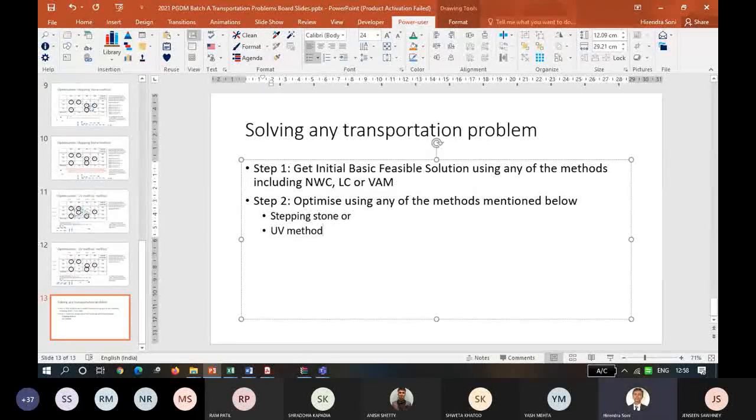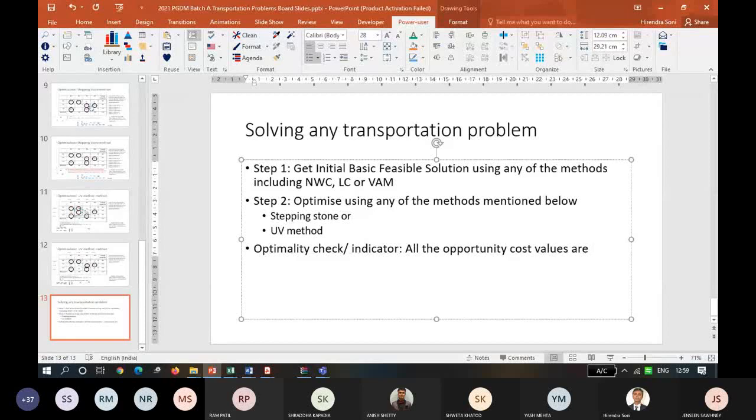Okay, in both, what is the check for optimality? Let me write it like this: optimality check and indicator. All the opportunity cost values are positive.